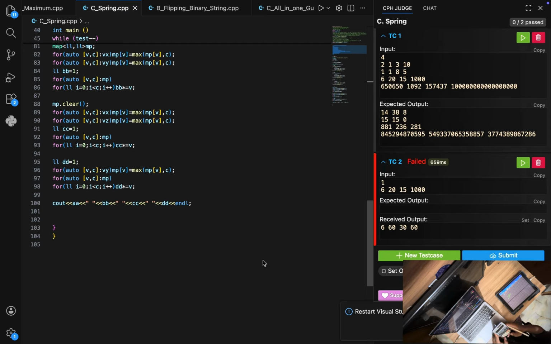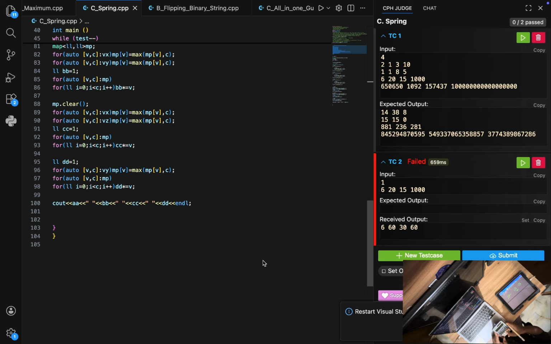Then 1000 divided by 60 is 16. Then 1000 divided by 30 is 33. 1000 divided by again 60 is 16.